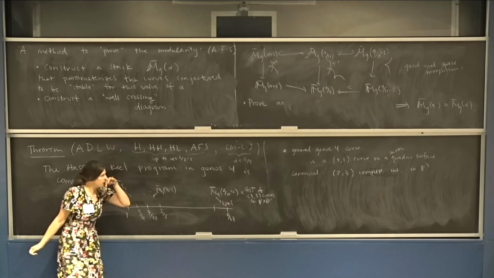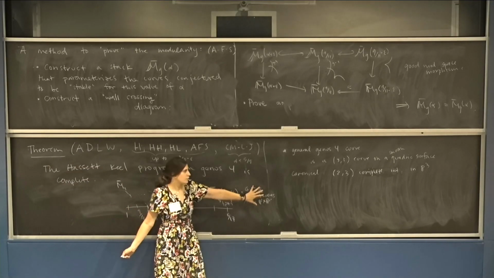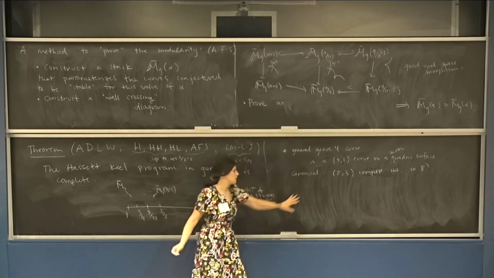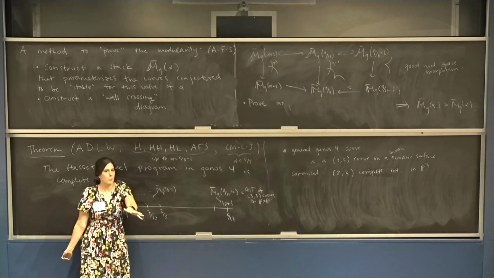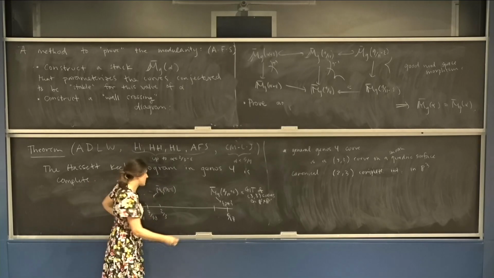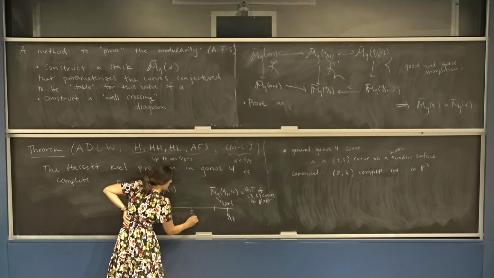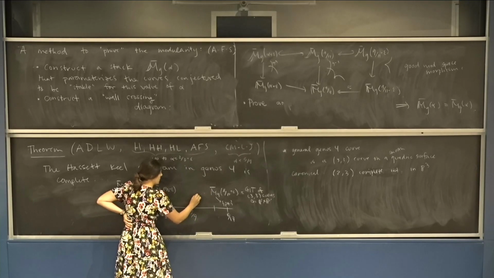But then the work of Castellani, Martin, Laza, and Jensen was doing VGIT for these 2-3 complete intersections. So you can construct a sequence of moduli spaces, which again are not a priori the moduli spaces in the Hassett-Keel program. Okay? But you can construct a sequence of moduli spaces going up to 5/9 with VGIT.